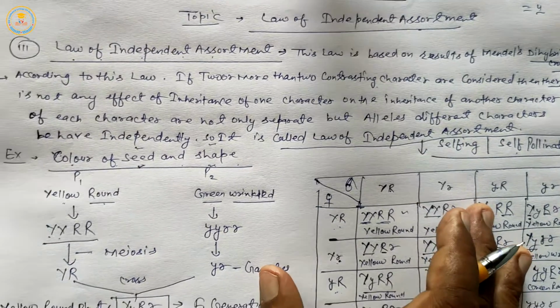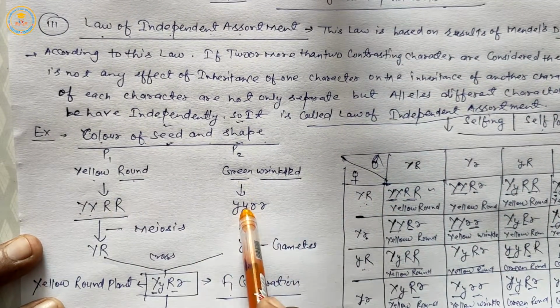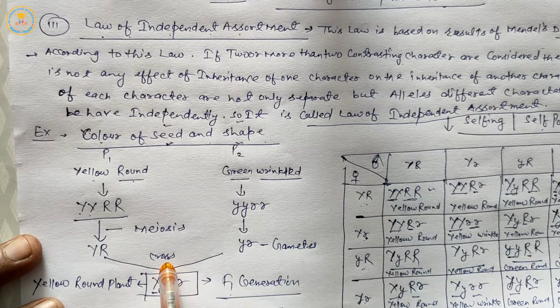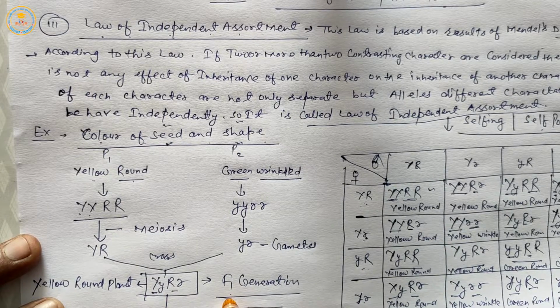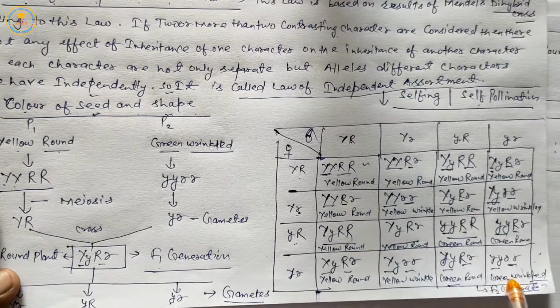Once again, when we take two or more characters and cross each other, after the F1 generation comes the formation of the F2 generation.